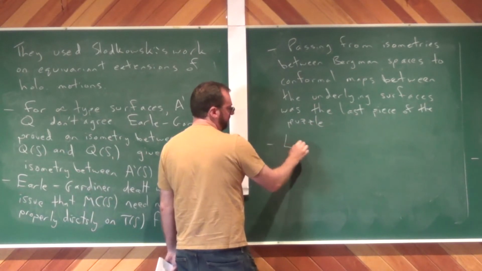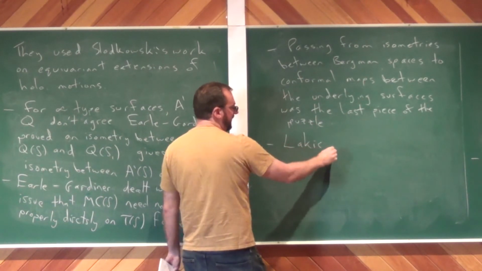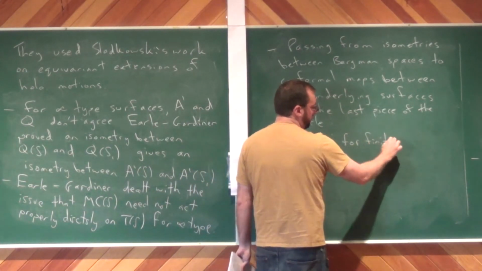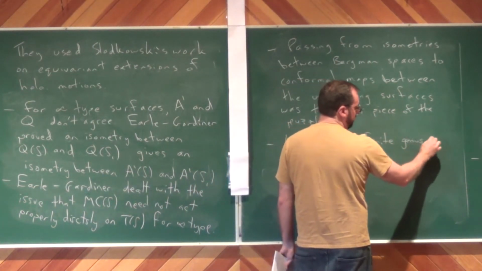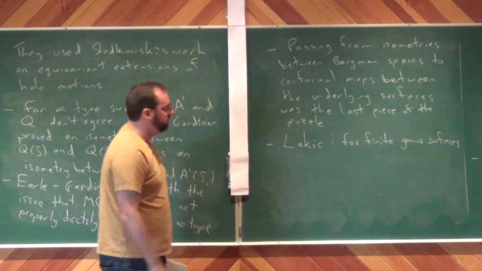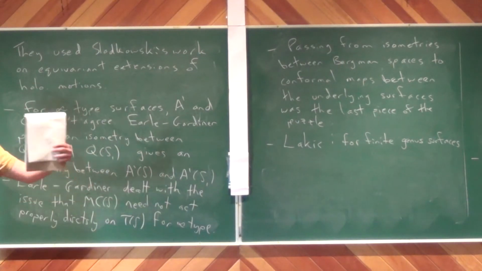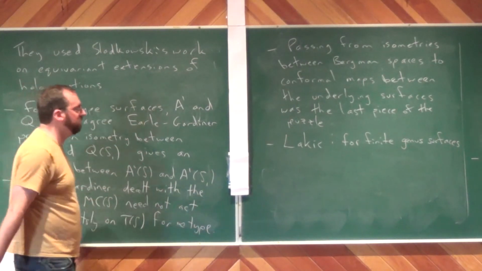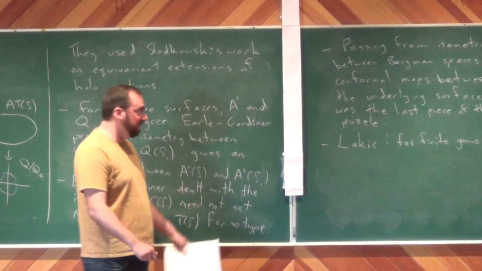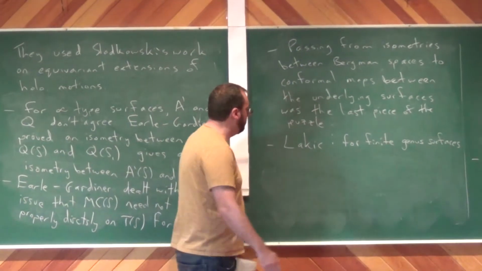And this was dealt with by Lakich for finite genus surfaces. So you can find an embedding of your surface into a finite genus surface, but you might have pulled out, must have pulled out infinitely many punctures to get that finite genus surface.